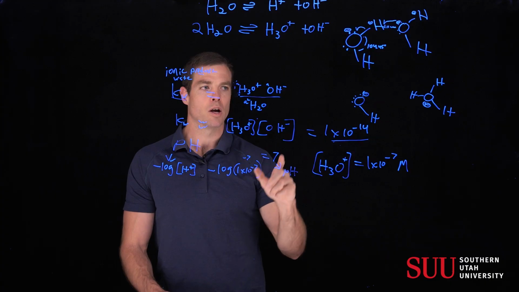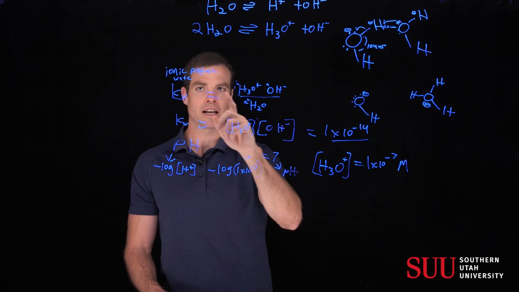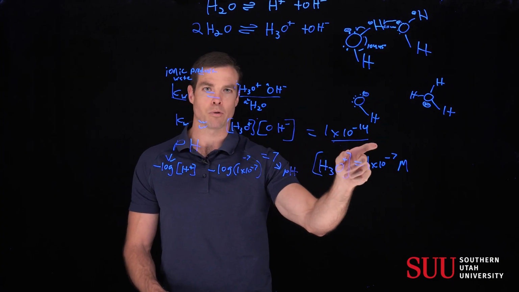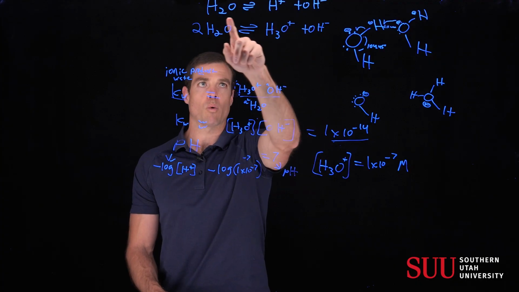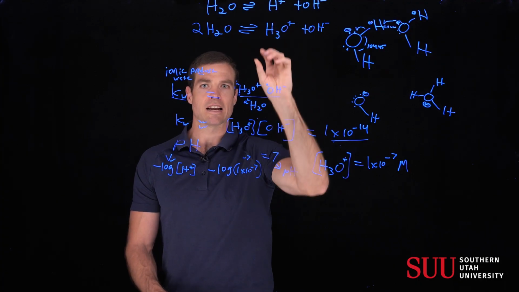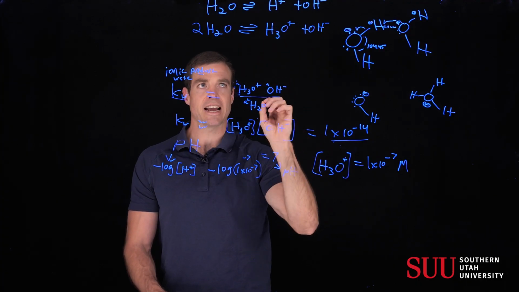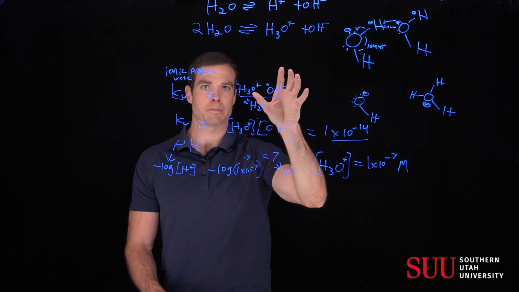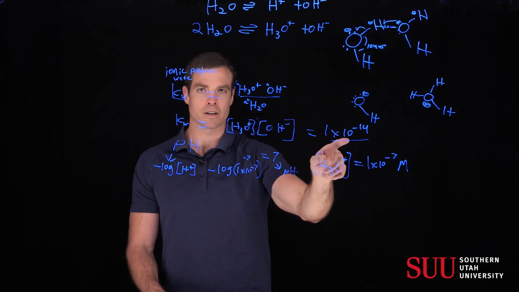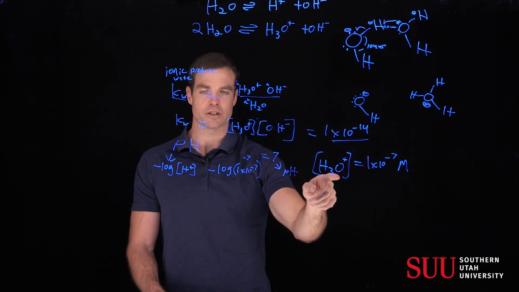And that's because, as I said, we know that the ionic product is 1 times 10 to the negative 14. Meaning if you just take water, it always is doing this. And if you just change this ionization just a little bit, then you will change the ionic product of water. If you change the ionic product of water, you will change the hydrogen ion concentration.